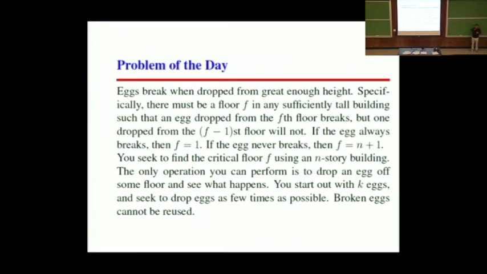Because you're going to go from the bottom up and keep seeing whether or not it breaks, and you still need to try it at the nth floor to figure out whether the breakage point is above it. So that's why I say n. Okay? It should be clear that for an n-story building with n eggs, I can get away with log base 2 of n tosses, presumably a ceiling of that.